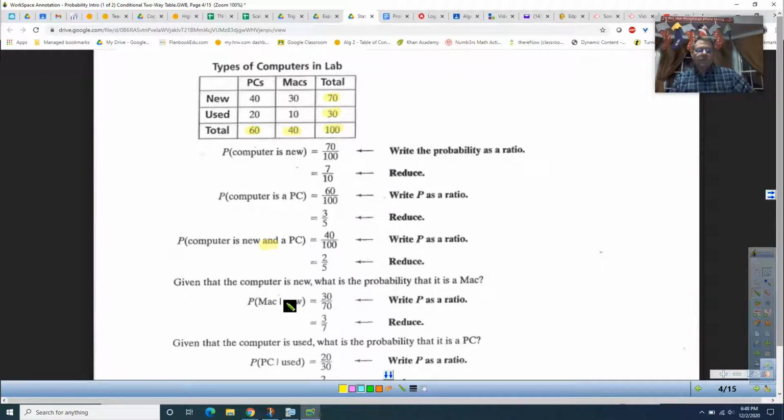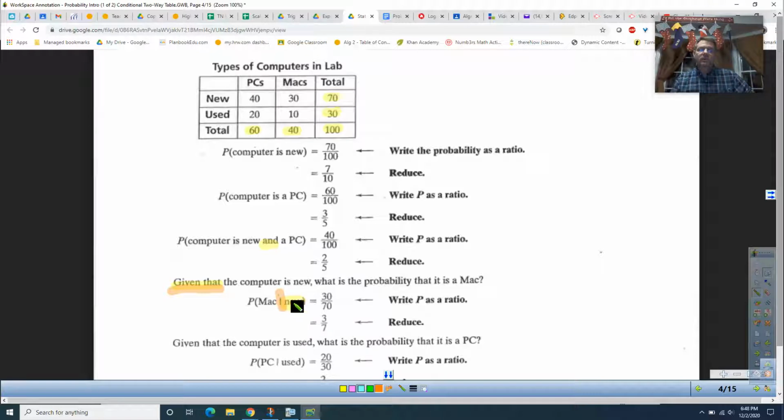So we've got Mac, vertical bar, new. How do you read that? It says, given that you know it's new, what's the chance it's going to be a Mac? So "given that" is what that bar means, and you always have to put that in.